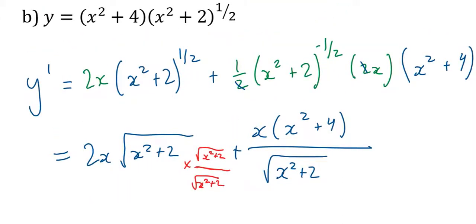Just x squared plus 2 to the 1/2, like common factor that out somehow. You probably could. I think I can visualize what that would look like. But this one's a positive and this one's a negative. So for some people that's tricky, but for some people that's a trick that they use. And yeah, I mean, try it. As long as you get to the same simplified step that we get to, it would be fine.